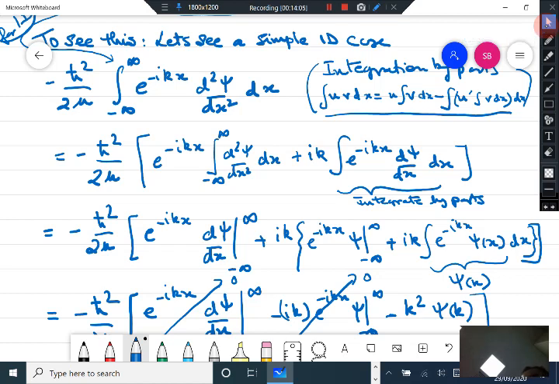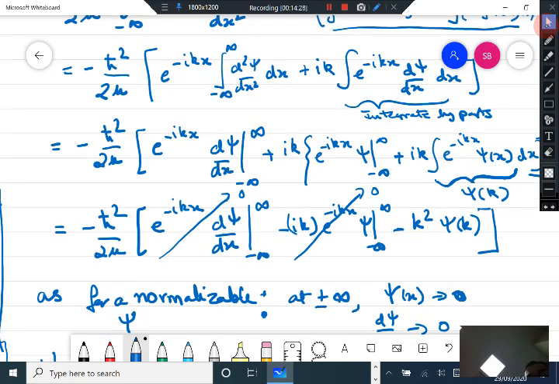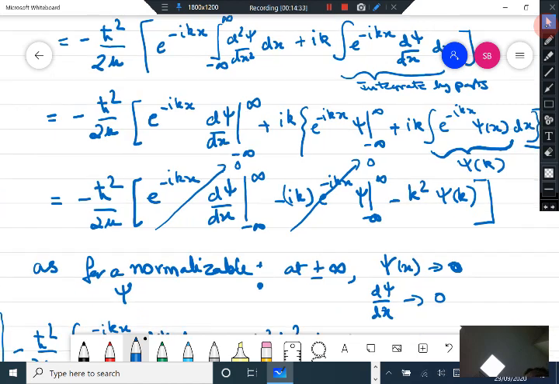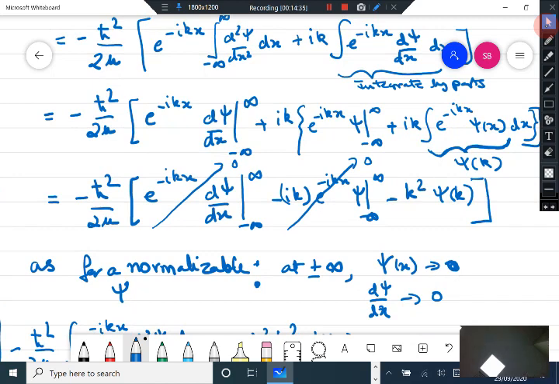This part is nothing else but the Fourier transform of ψ(x), which is ψ(k). The other remaining terms actually become 0 in the limit of plus minus infinity, because the wave function has to be normalizable. So at infinity the wave functions, their derivatives and their values go to 0.